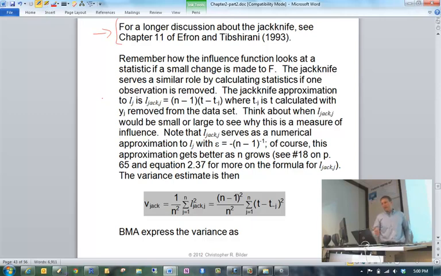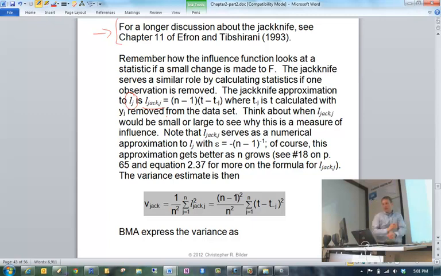So the jackknife can be used to estimate L sub j. We're going to call the estimate L jack of j. And simply put, this is the estimate: sample size minus 1 times your original observed statistic minus that observed statistic but without the jth observation.